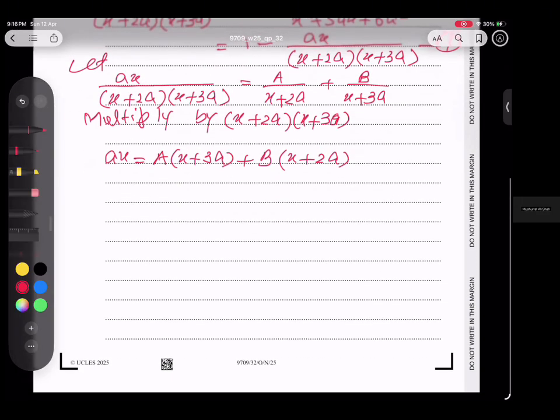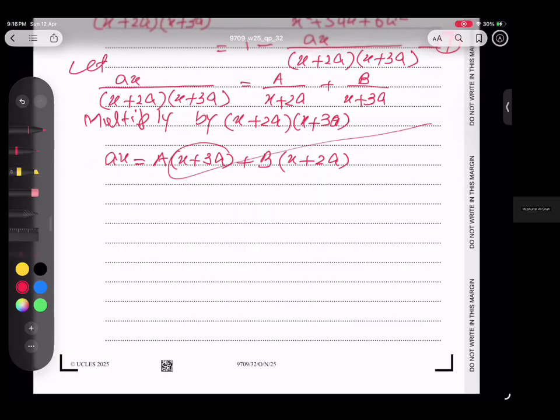So first, if I plug in this part equal to 0, x plus 3a is equal to 0, I get x is equal to negative 3a. Negative 3a, I'm going to replace in the whole equation. Negative 3a squared, when I plug it in here, I get 0. When I plug it in here, I get negative a, I mean negative B times... sorry, negative a.